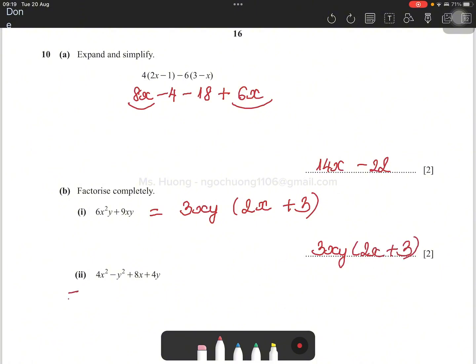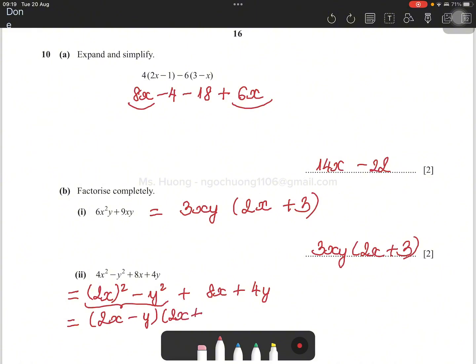Second question, 4x squared means 2x all squared, minus y squared plus 8x plus 4y. For the first pair, this has the form a squared minus b squared, so it is equal to a minus b multiplied by a plus b, which is 2x minus y multiplied by 2x plus y.